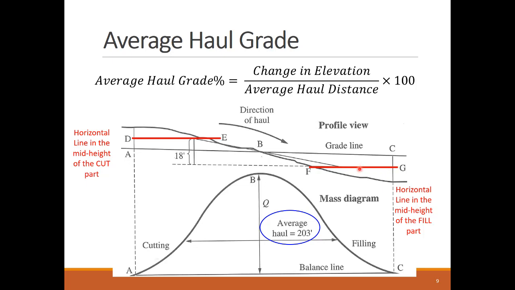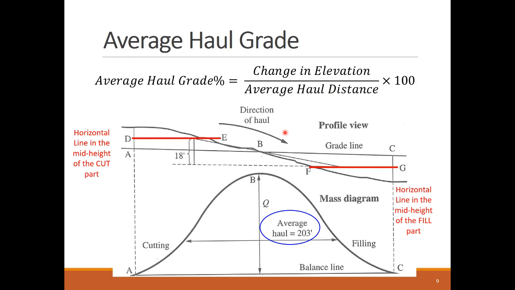After we identify this elevation change value graphically from the profile view, we need to calculate the average haul distance as we covered in the previous slide. So the average haul grade as a percentage value is calculated using the shown formula as the percentage ratio between the change in the elevation and the average haul distance.